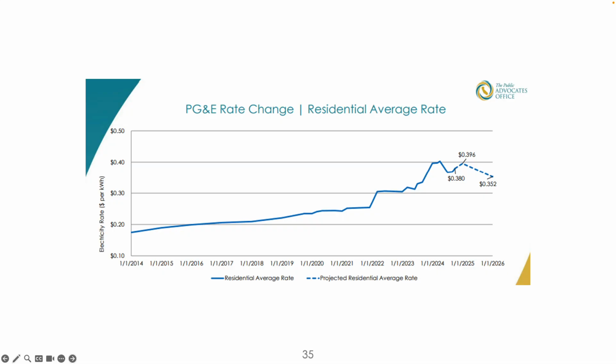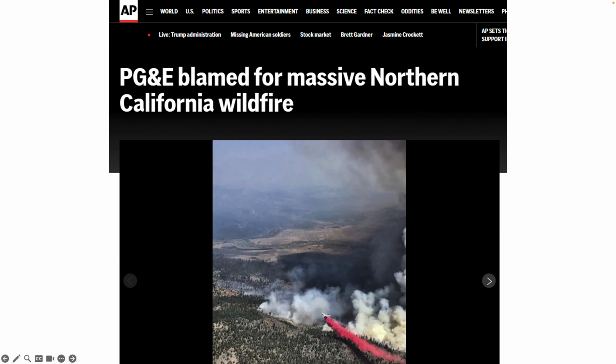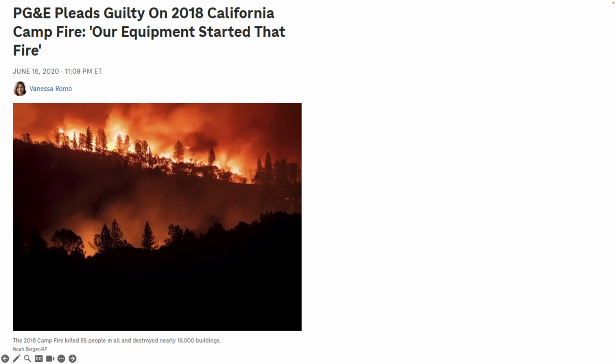Underground costs for wildfires. Yeah, so that's probably one of the biggest components of the cost. This is something that we're going to talk a little bit more in detail later on as well. But PG&E blamed for massive Northern California wildfire.